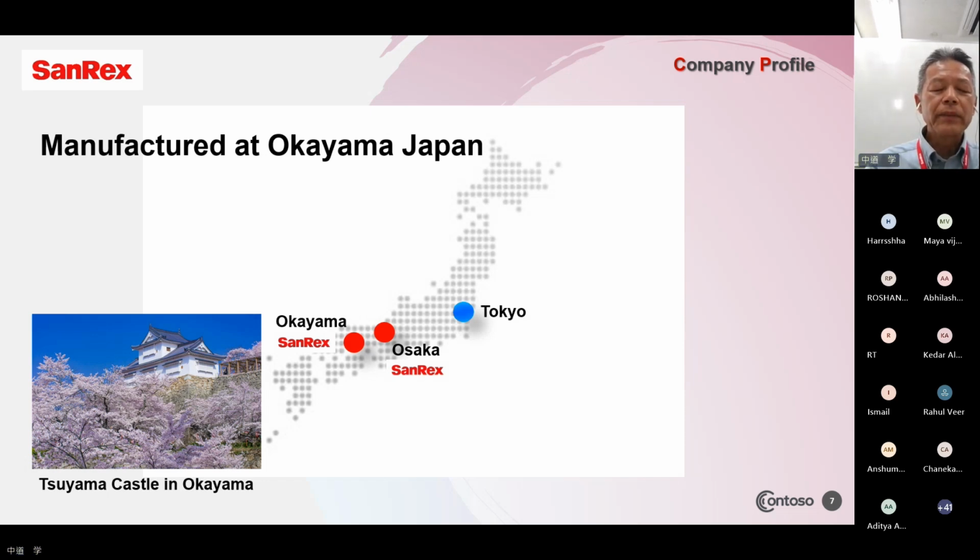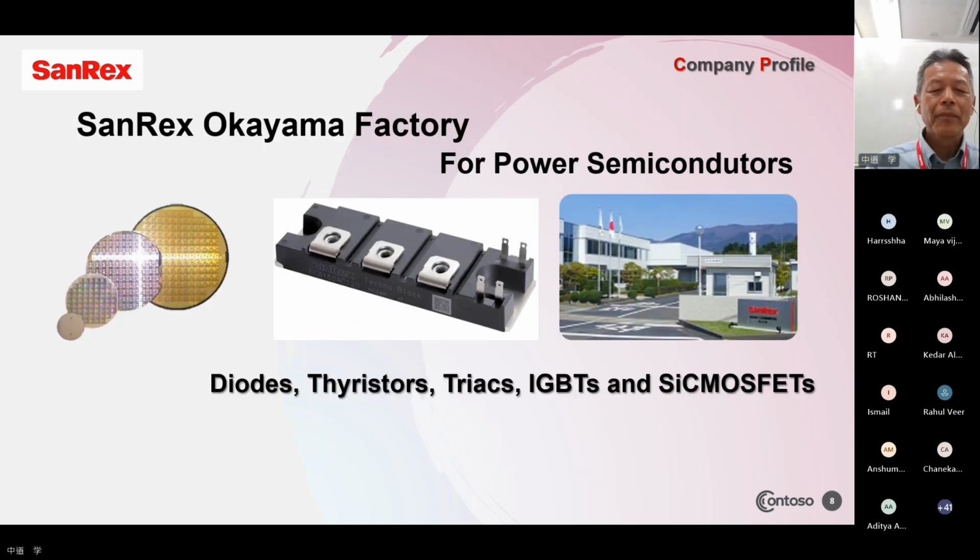There is a famous castle there, a nice place, so you can come to visit our factory in Okayama. This is a picture of our factory in Okayama for power semiconductors. We have 4-inch and 5-inch wafers and manufacture diodes, thyristors, triacs, IGBTs, and silicon carbide MOSFETs.